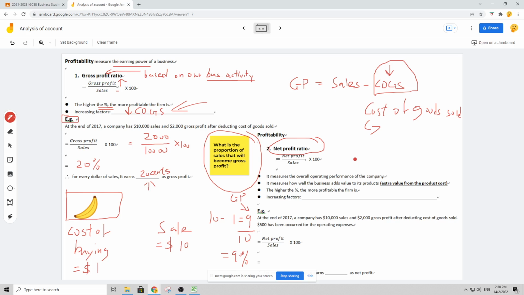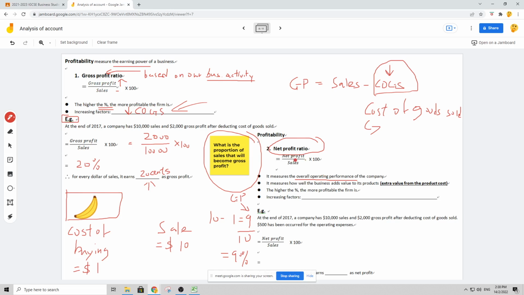You also focus on other things that happen in your operation. So with that being said, these are the key words. Look at this here. It measures the overall operating performance of your company.